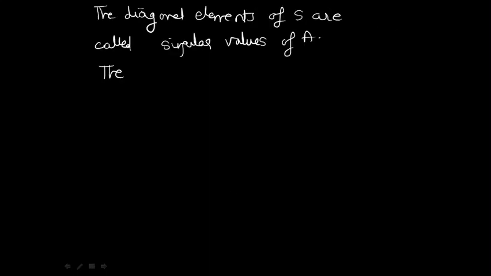Then what is U? Here U is a left singular vector of A. And how do we obtain this?